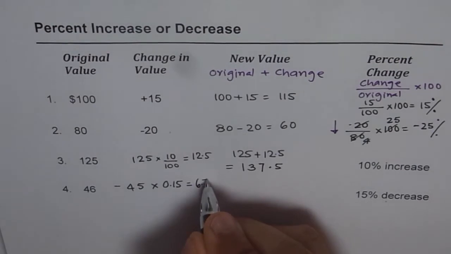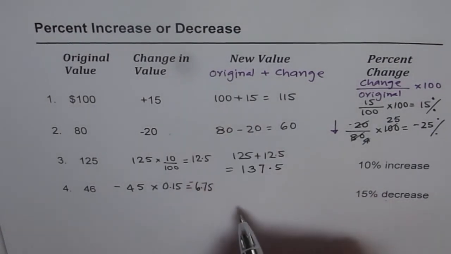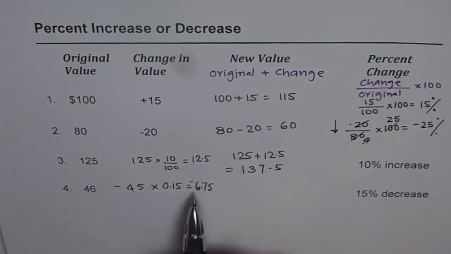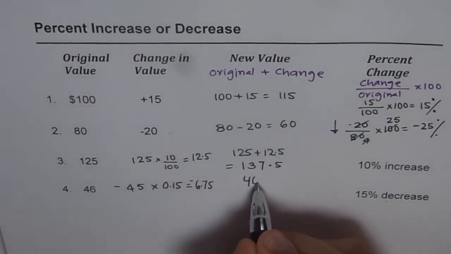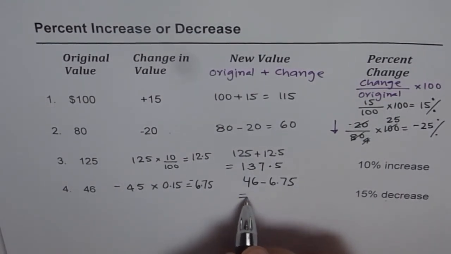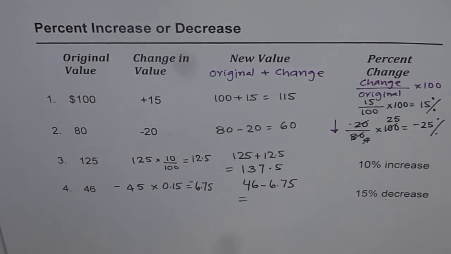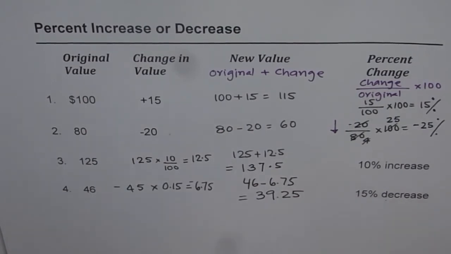So that is 6.75 with a minus sign, right? So the new value should be less 6.75 from 46. So we'll do 46 minus 6.75. What do we get? So we'll take away 6.75 from 46, that gives us 39.25. So that is the new value.